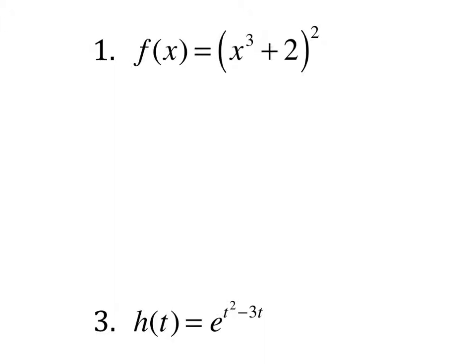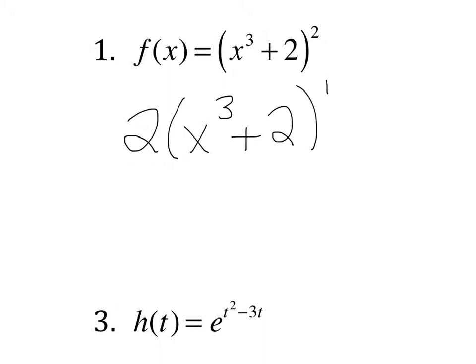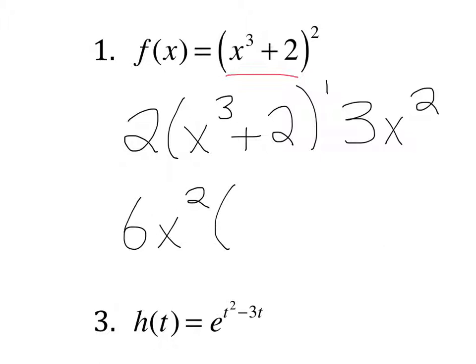So we will bring the 2 down in front and then knock the degree down by 1, and then we can't forget chain rule, right? The derivative of the function inside will be 3x squared, right? So we'll just say times 3x squared. And then, of course, we'd probably want to clean that up, right? We could just call that 6x squared times the quantity x cubed plus 2. But actually, this format on top is fine for now for this lesson.